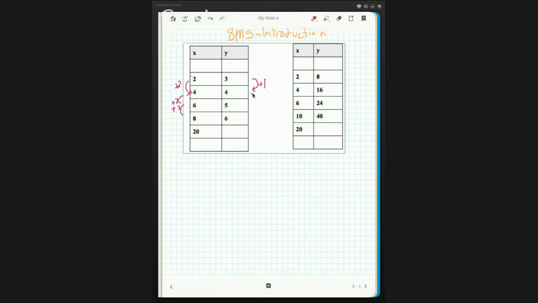So from my 4 to my 5, I go +1. And my 5 to my 6, I go +1.